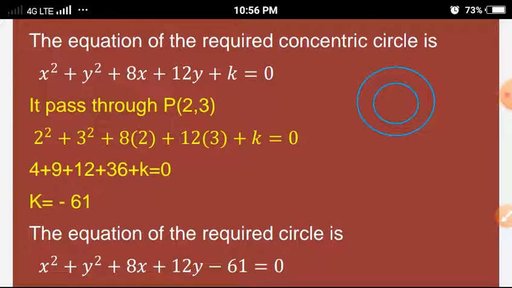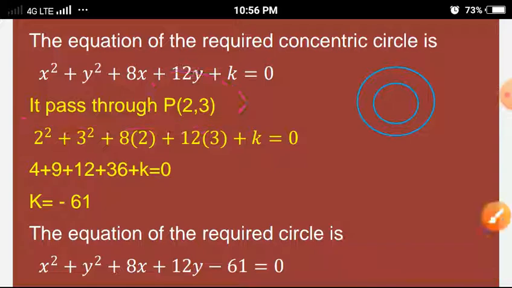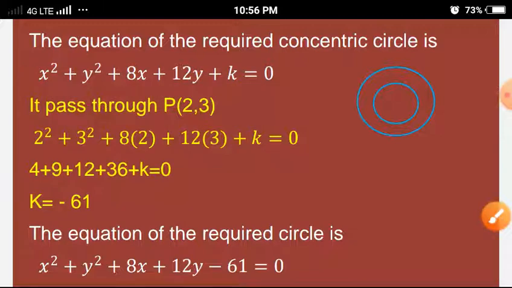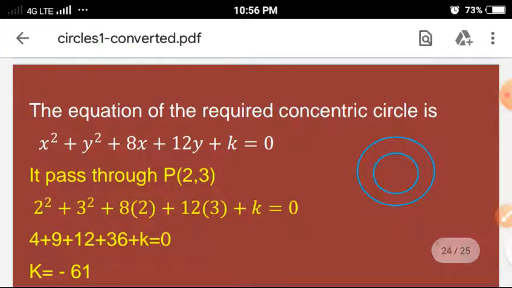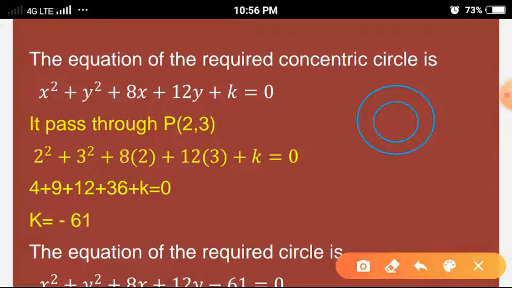Here it is passing through the point (2, 3). Any circle passing through (2, 3) means we have to substitute this point in the given circle. We substitute x is equal to 2 and y is equal to 3.